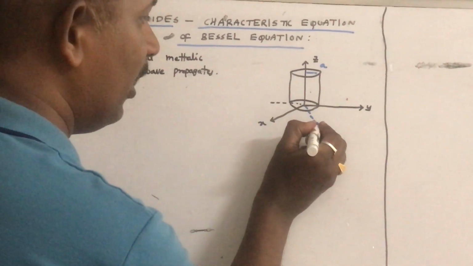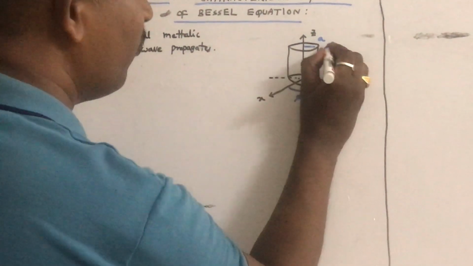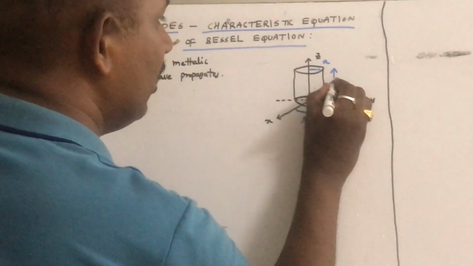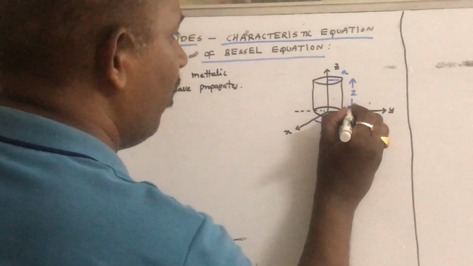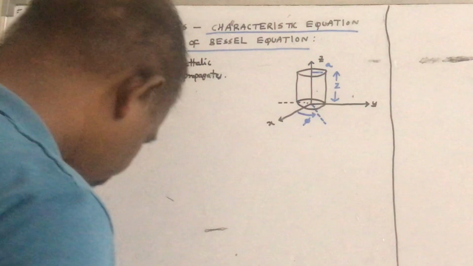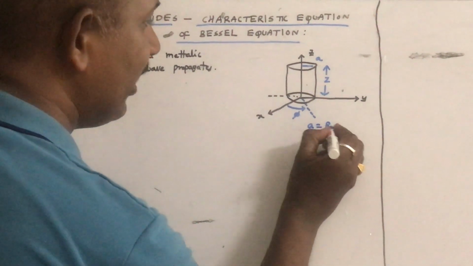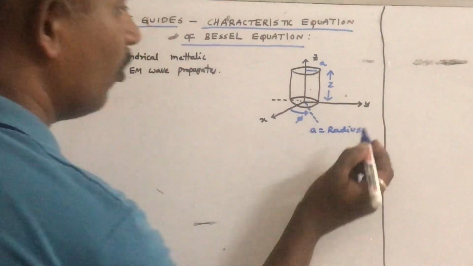So as you know, this angle in cylindrical coordinate system is represented as phi. The height of the waveguide is represented with z, and a is the radius. Here a is equal to radius of circular waveguide.